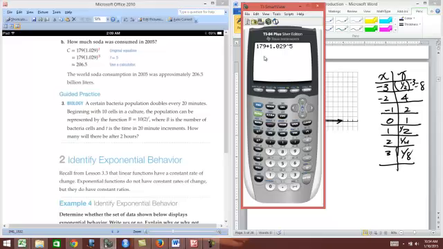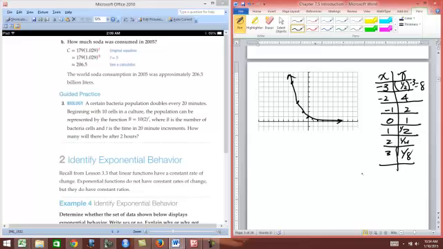So 179 times 1.029 to the 5th, hit enter, and you get approximately 206.5. So world soda consumption in 2005 was approximately 206.5 billion liters. My God, it's a lot of soda.